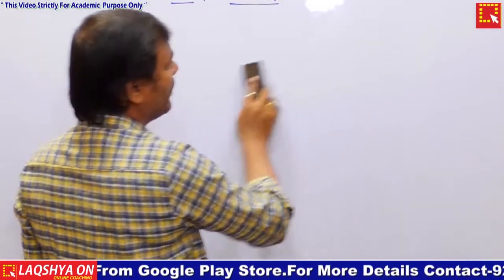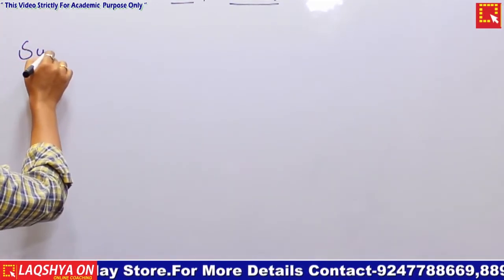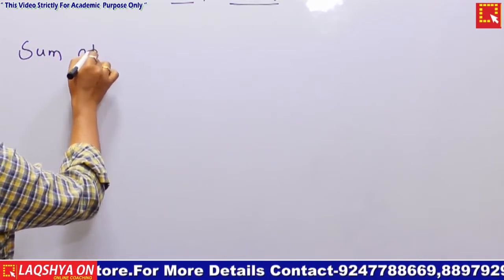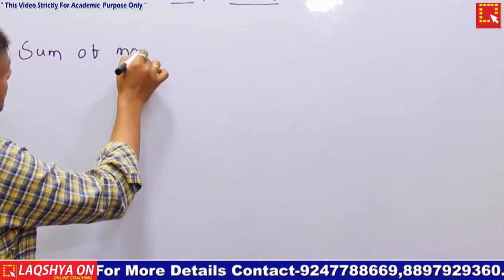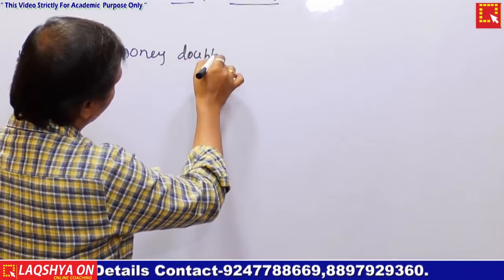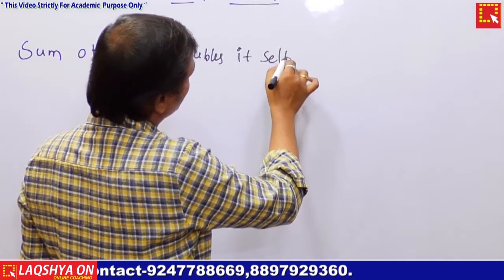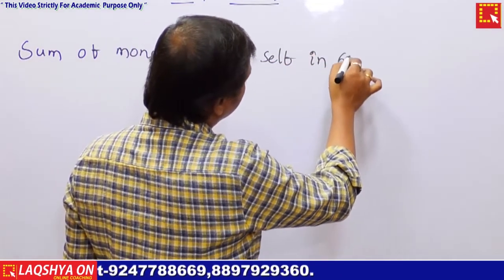Next, on the basis of this problem: a sum of money doubles itself in 6 years.